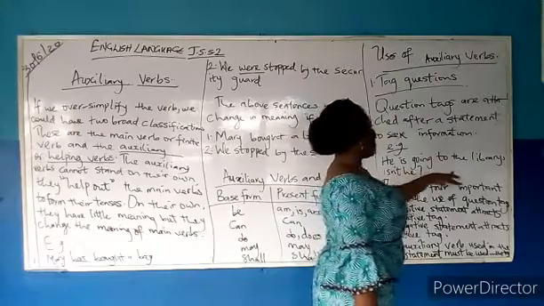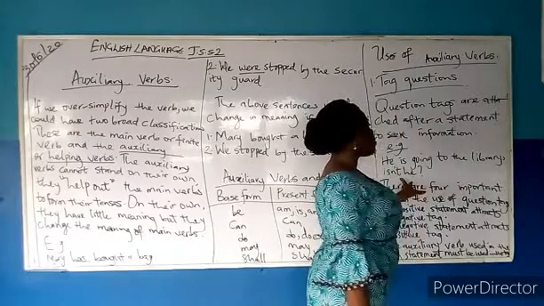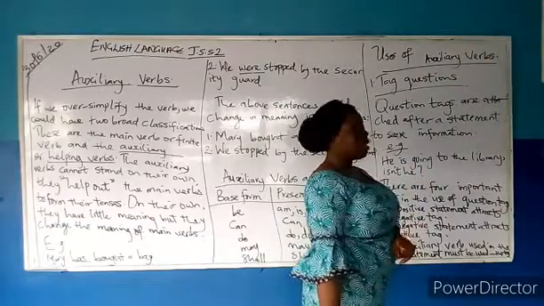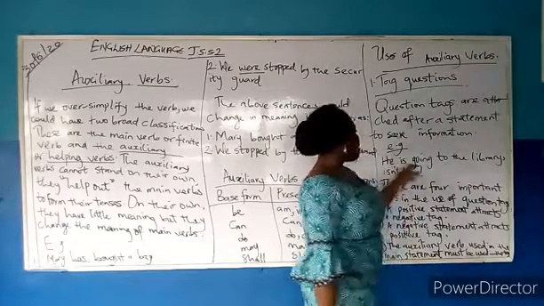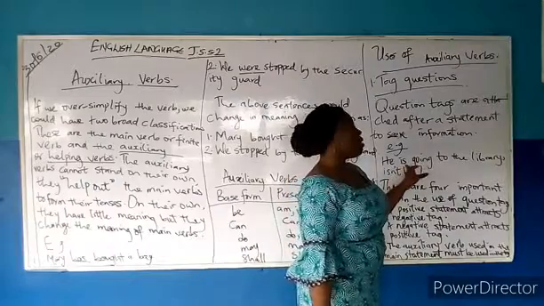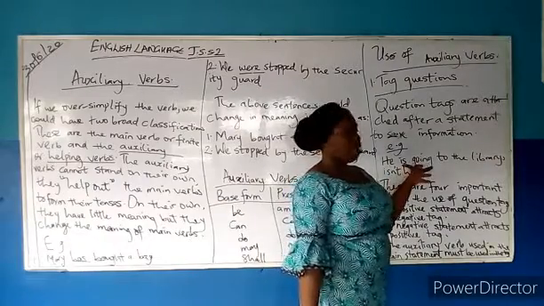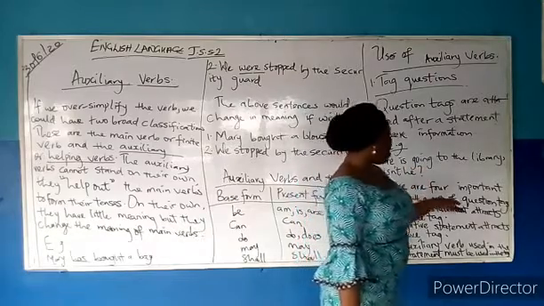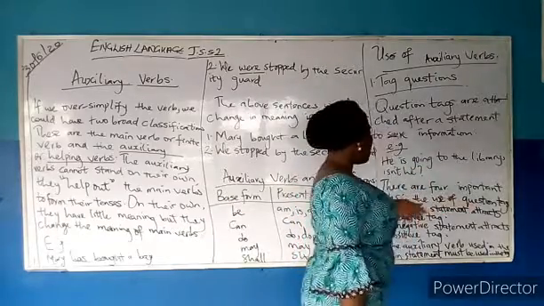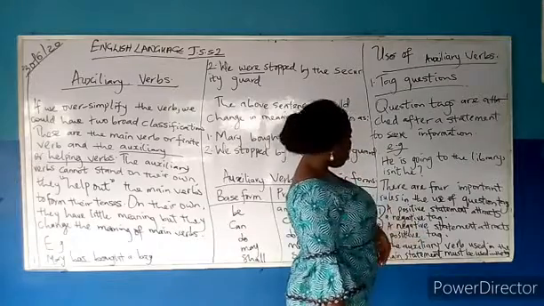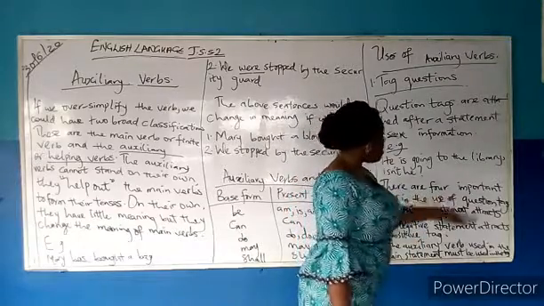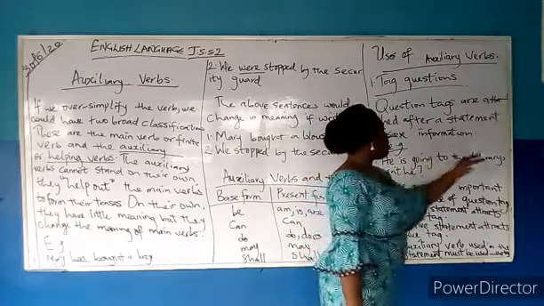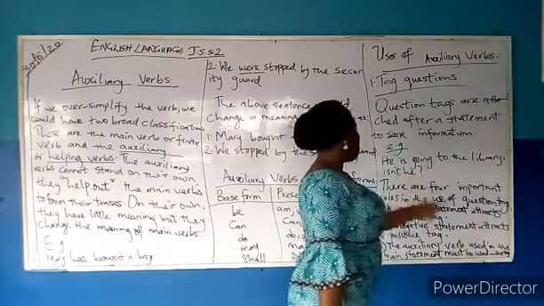Now, a positive sentence, as we all know, attracts a negative tag. And while it is attracting a negative tag, remember that it retains the auxiliary in the main sentence or statement. There are four important rules of question tags, which you should know by now. A positive statement attracts a negative tag, as you can see here: he is going to the library, isn't he?